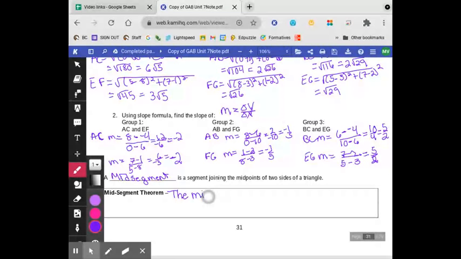The midsegment of a triangle is parallel to the third side, so the one that it's not the midpoints of, and half its length.